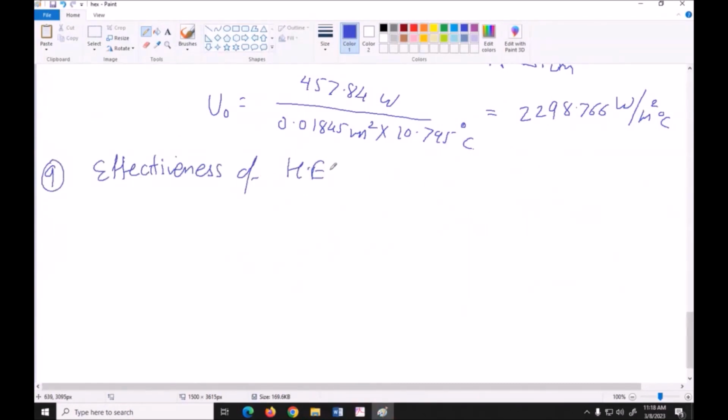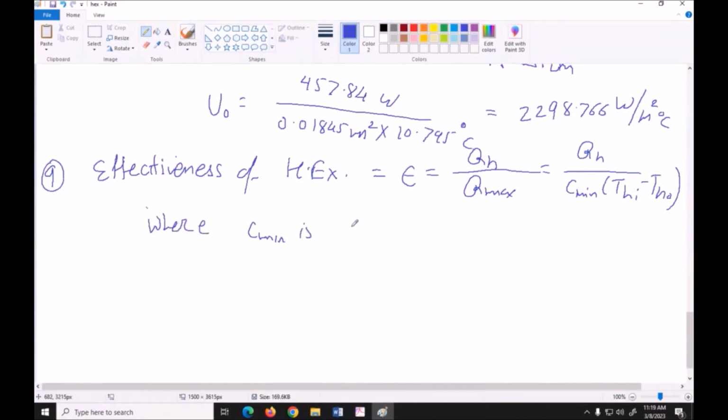Effectiveness of heat exchanger is given by epsilon. I have QH, but Q max I don't know, so Q max is C minimum into THI minus TCI. So I will simplify this. What is C minimum?